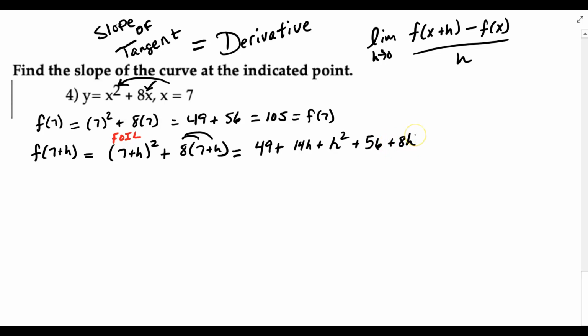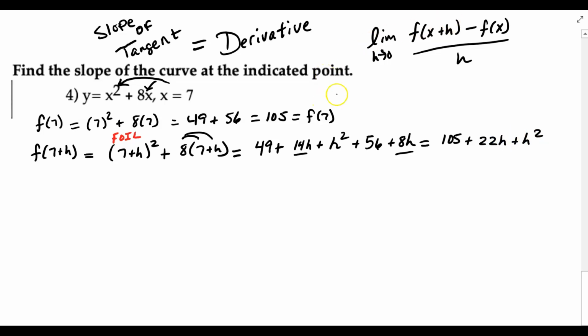And then what do we do? We combine like terms. 49 and 56 gives me 105. Interesting. 105 plus, I combine my h's, 14h and 8h, that's 22h plus h squared.